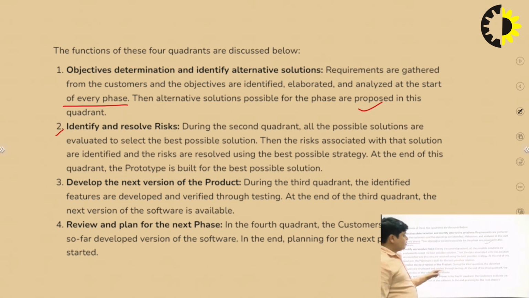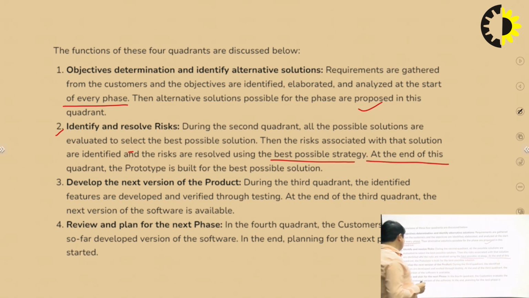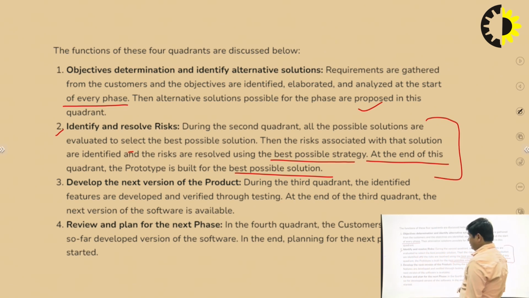During the second phase, all the possible solutions are evaluated to select the best possible solution. Then the risks associated with that solution are identified, and there are many types of risks, and the risks are resolved using the best possible strategy. Using brainstorming, we analyze the risk and find out the strategy to resolve these types of risk. At the end of this meeting, the prototype is built for the best possible solution. In this phase, we will finalize the prototype.